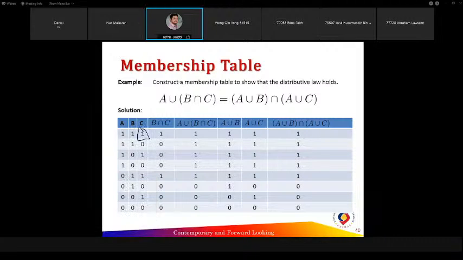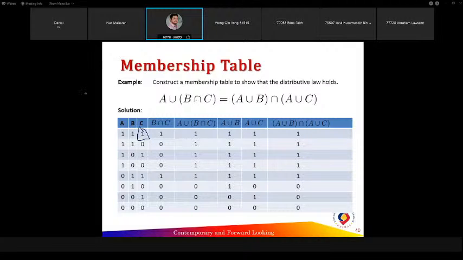So when they ask you to check the set equality of A union (B intersect C), to say that this is equal to (A union B) intersect (A union C). Now, these two are set identities.